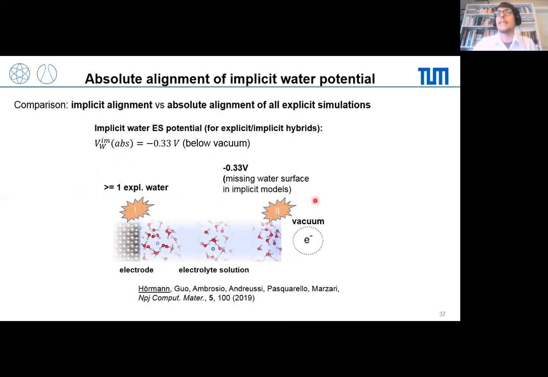But when we look at the absolute alignment, there was still a misalignment on the absolute level of approximately minus 0.3 volt. And this also nicely related to the typically assumed potential drop at the water-vacuum interface that we do not have in the simulations.